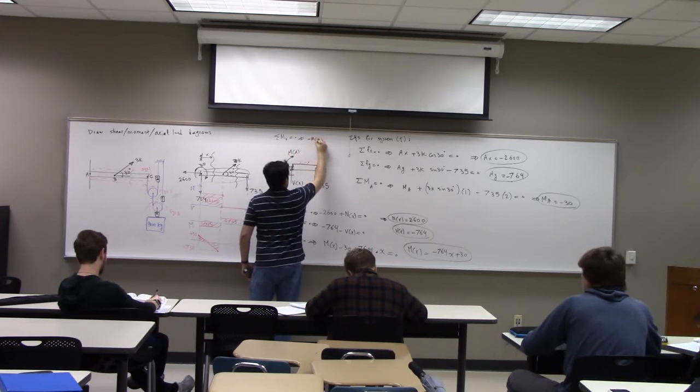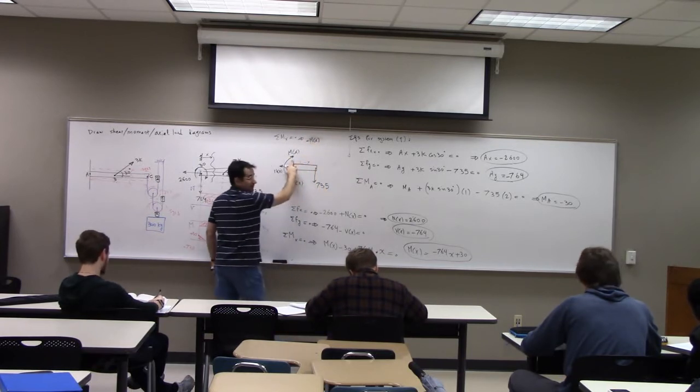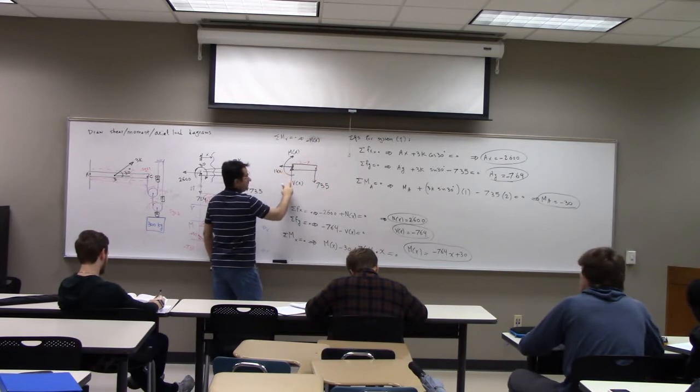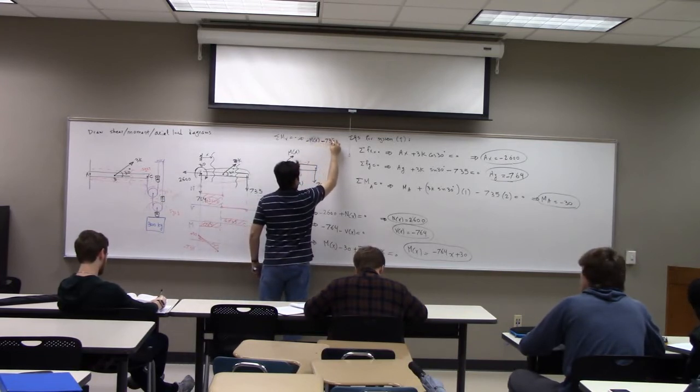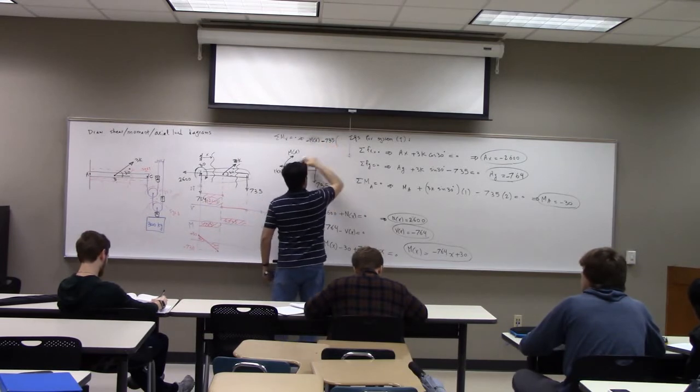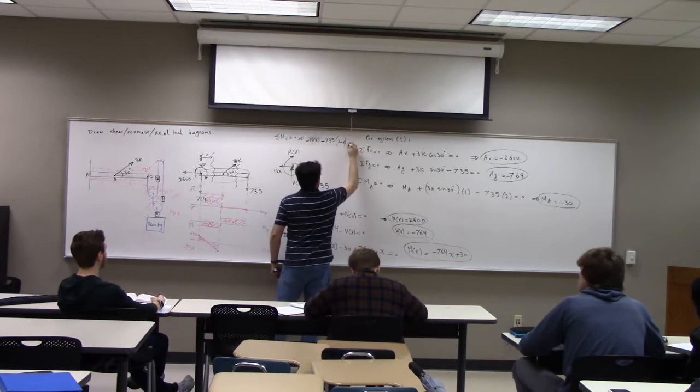Negative Mx, then negative 735 times 2 minus x is equal to 0.